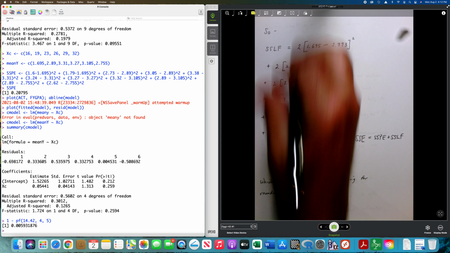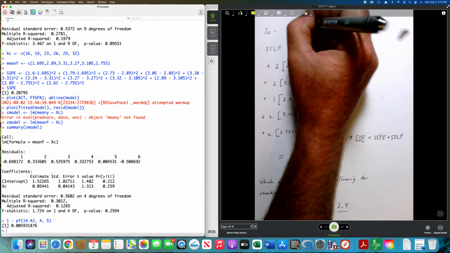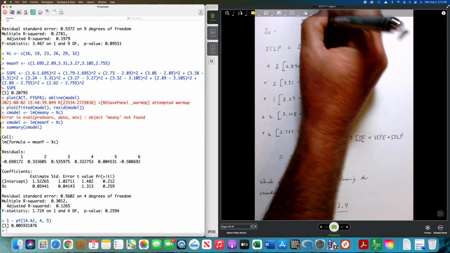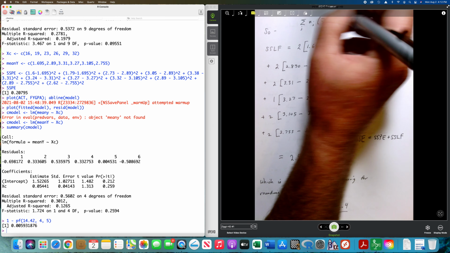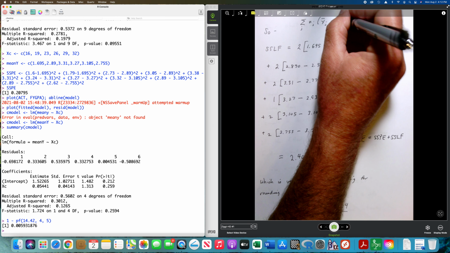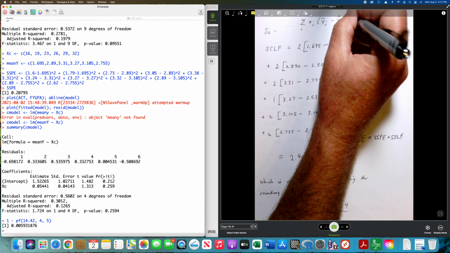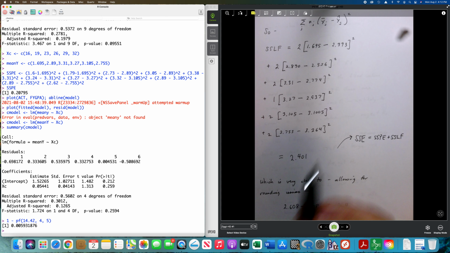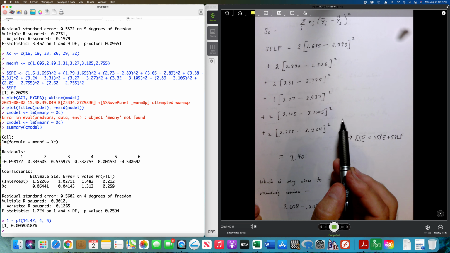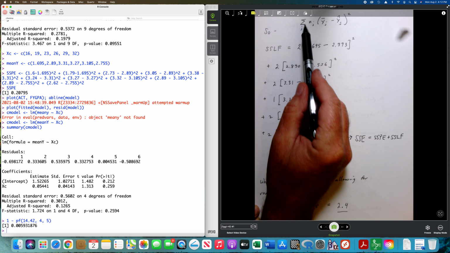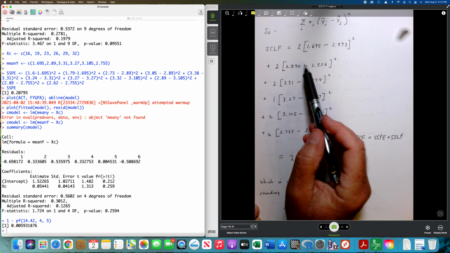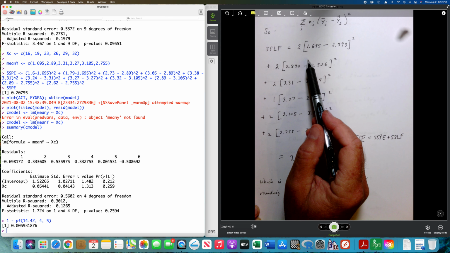So if we have a summation over j of n sub j times (y bar sub j minus y hat sub j) quantity squared, it works out nicely because we only have to make 6 calculations, because we're summing over j. Again, j was 1 to 6.